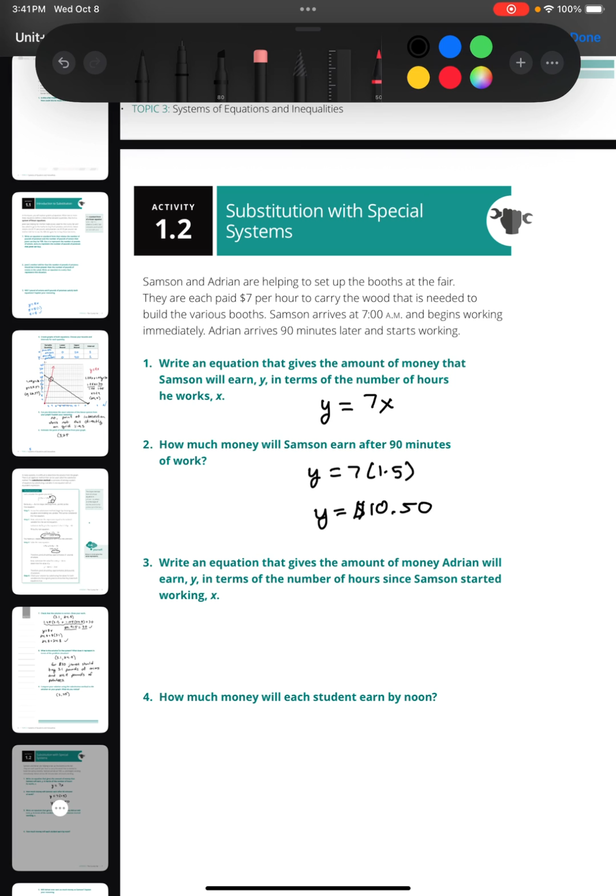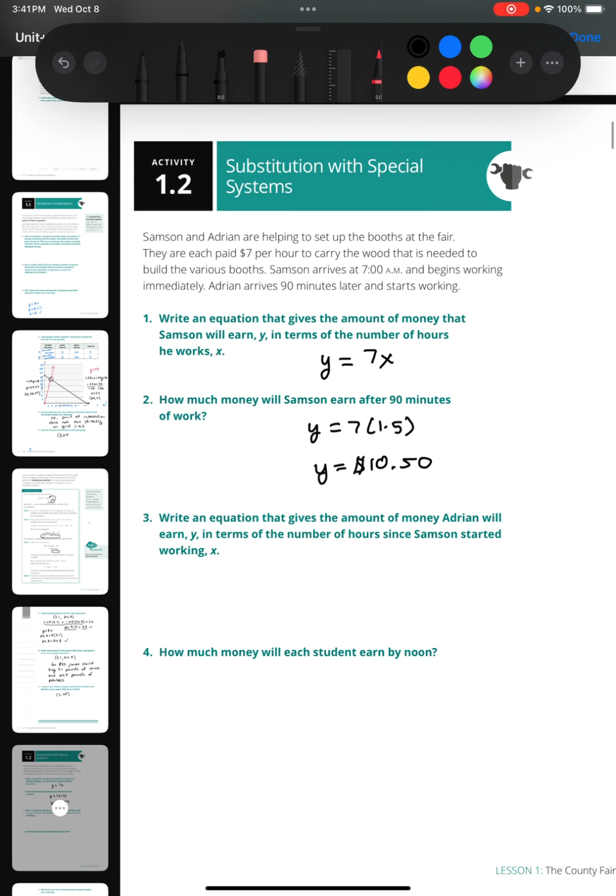Okay, for 3, write an equation that gives the amount of money Adrian will earn, y, in terms of the number of hours since Samson started working. Well, he's also making 7 an hour, but he's starting 90 minutes later. So that amount of money that he's starting behind, we just solved for in the previous question. So he's starting $10.50 behind Samson. So that equation will give the amount of money he's earned.